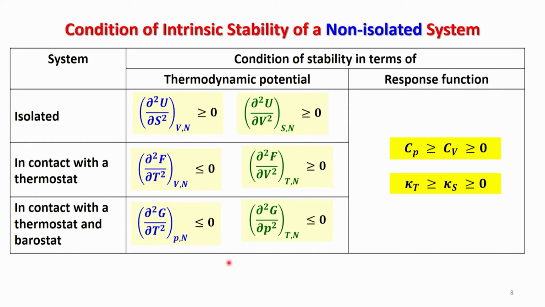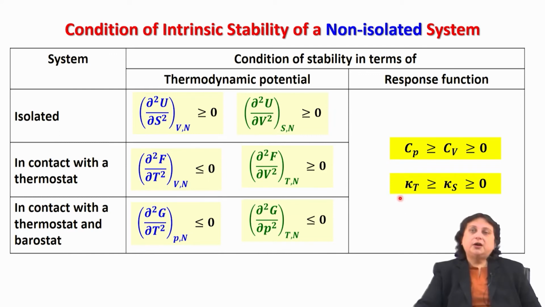This experiment can be done isothermally or adiabatically. If it is carried out isothermally, then the fractional decrease in volume with respect to increase in pressure under isothermal condition gives you the isothermal compressibility, and this must be positive for a given stable system.